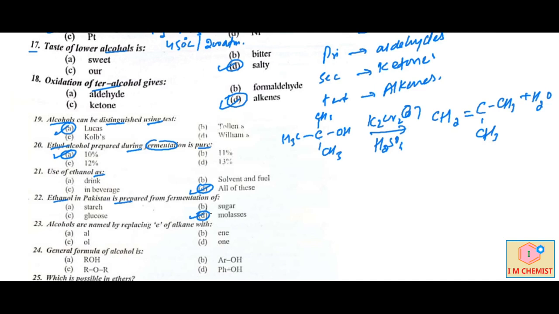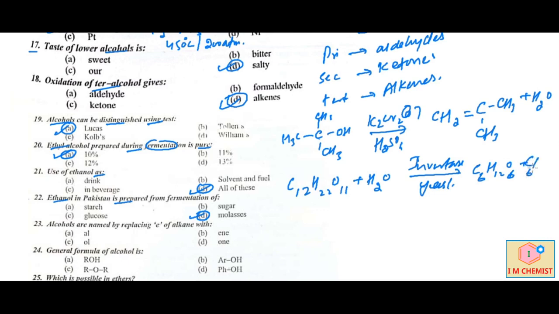And how to prepare it from molasses? We have C12H22O11. After the addition of water, and in the presence of the invertase enzyme and a microorganism, that is yeast, it would first be converted into C6H12O6 along with C6H12O6.